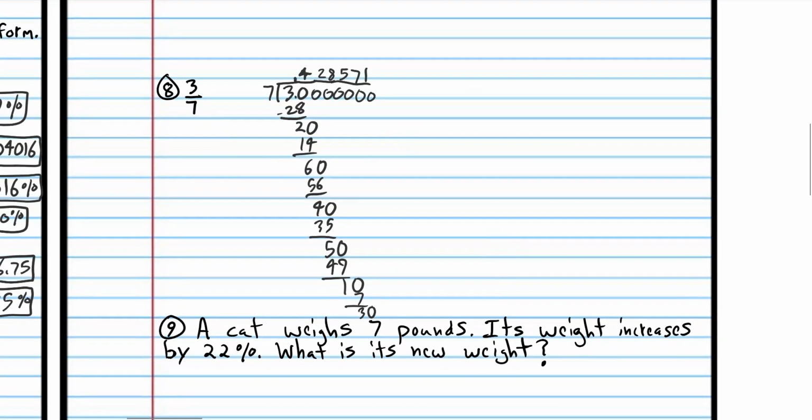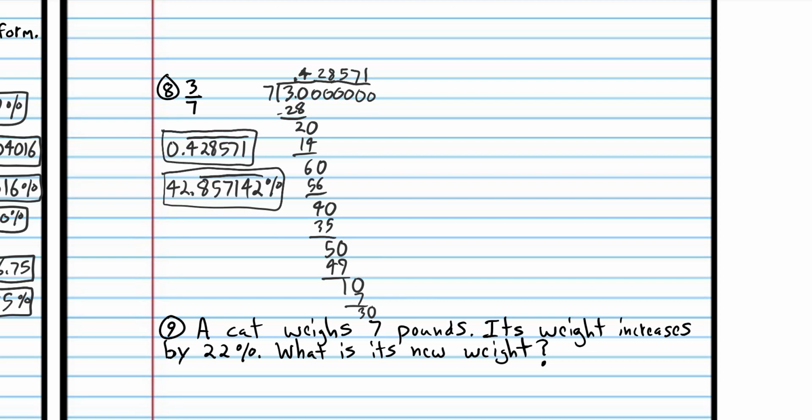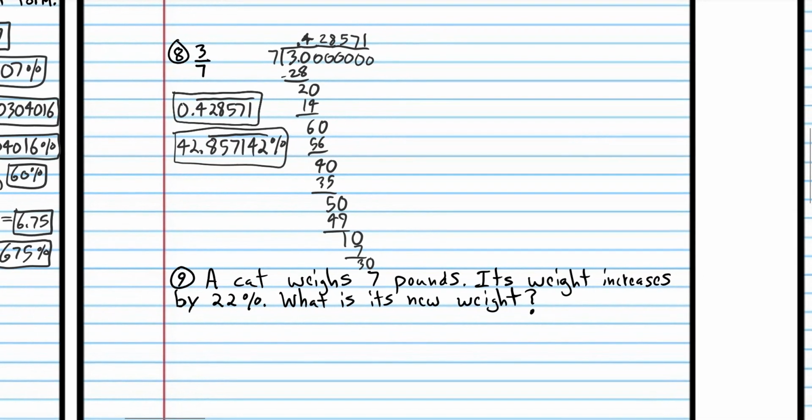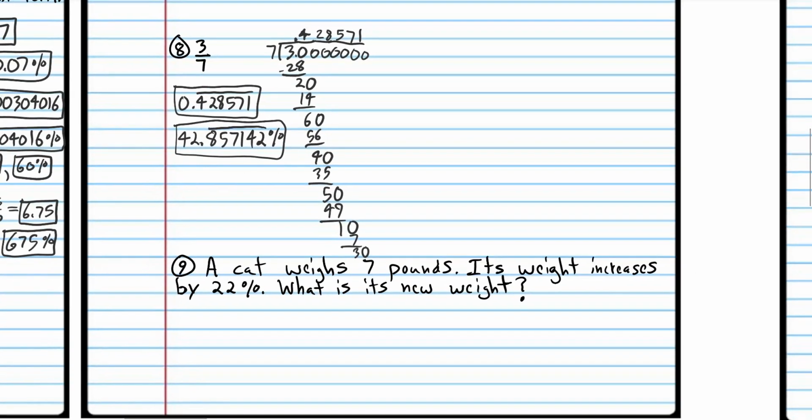So as you can see, bring the decimal straight up, and we have a repeat. It's just going to keep repeating in that pattern. So 6 numbers need a bar over them. Change it to percent. And the pattern starts in a different place. So if you got those answers, good job. So again, whenever you divide by 7, it's going to go on for a while.